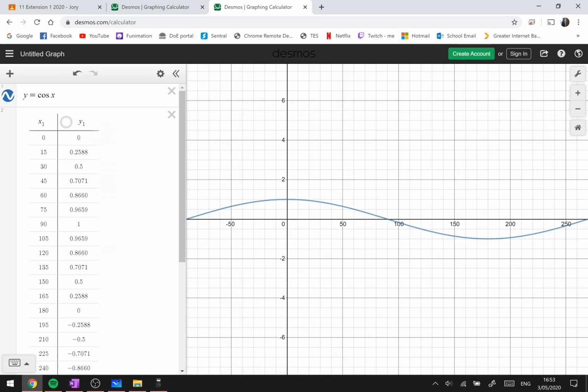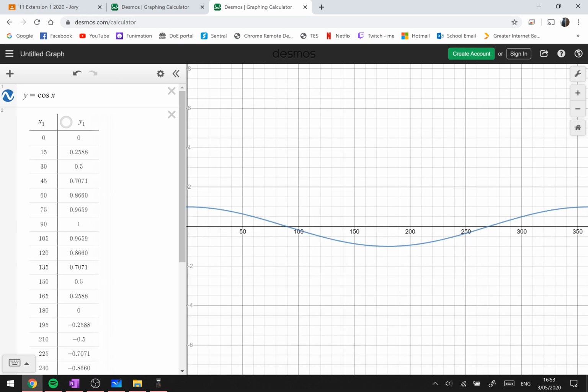So the cosine function is almost exactly the same, except that it's been shifted 90 degrees across. So this one starts at 1 and then goes down straight away. Then at 180 degrees, it turns back and starts going up. Okay, so that's that one.